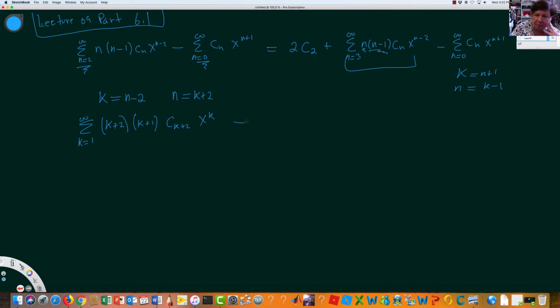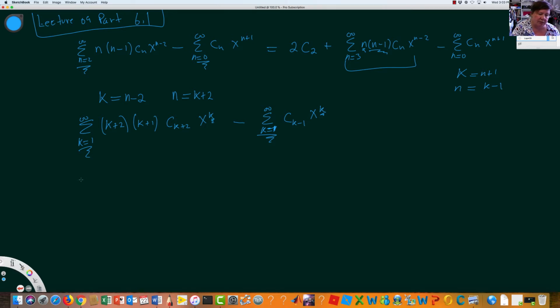Sum k equal 1 to infinity of c_(k minus 1) x to the k. So now they both start at the same place, and they both start with the same power, or they're proportional to the same power here.